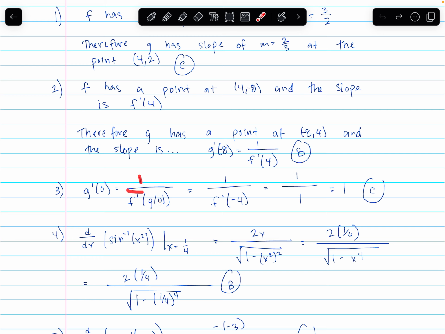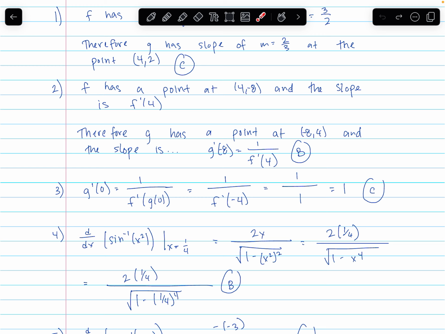So I have 1 over f prime of the inverse at 0. If I look in the table though, the table doesn't have any information for g, only information for f. But remember that g and f have an inverse relationship, and so I don't want to look for 0 as an input. Instead, I want to look in the outputs of f for 0, because the outputs are what I want for that.